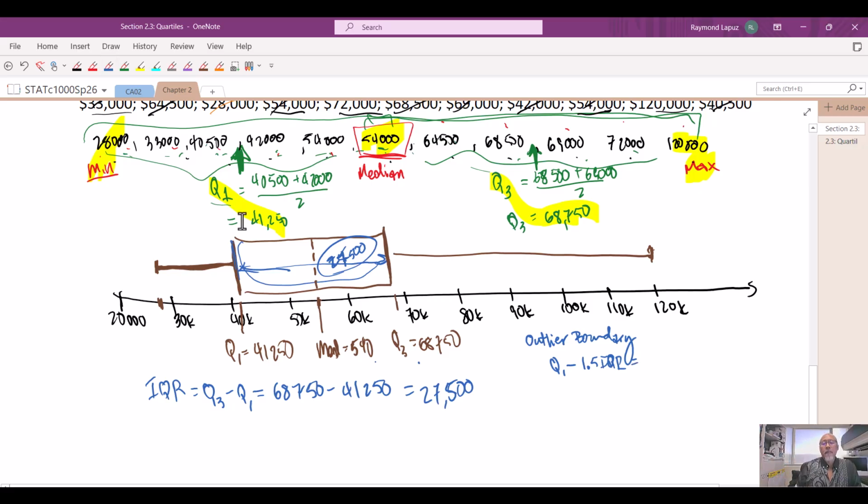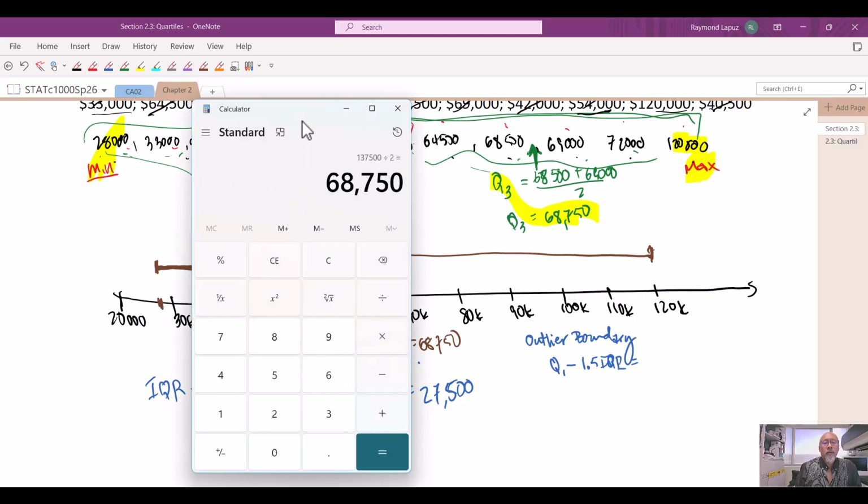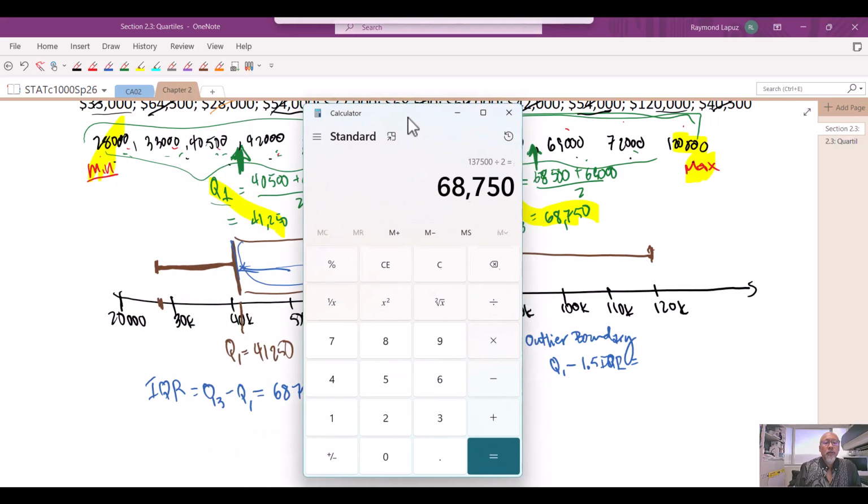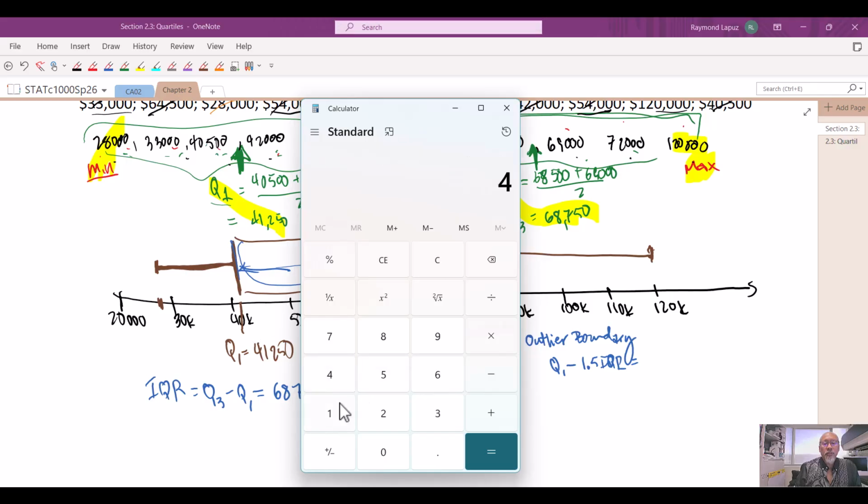Okay, so I'll do that in the calculator. Q1 was 41,250, and then I'm going to subtract out the IQR times 1.5.